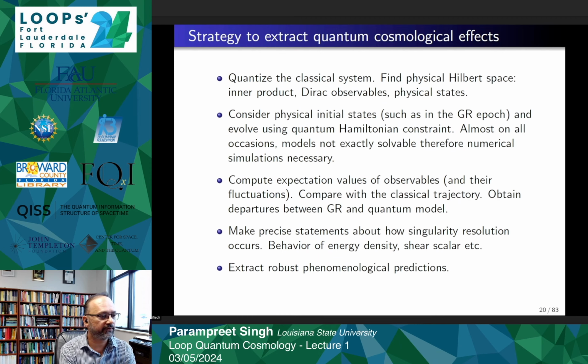I'm sorry, if someone can repeat the question, I couldn't hear properly. Okay, the evolution indicates the violation of the strong energy condition. If I understand the question correctly, is there a violation of energy conditions in loop quantum cosmology?